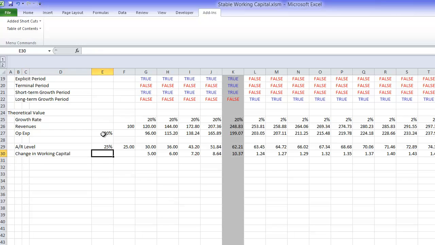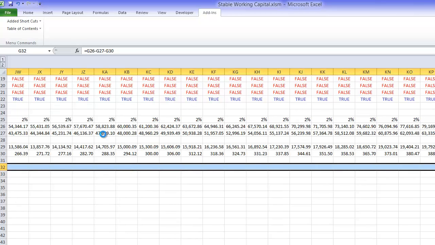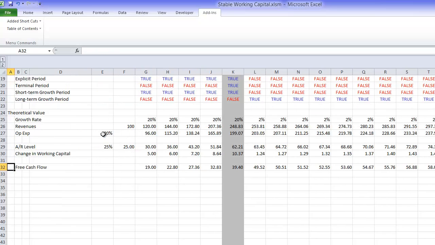Notice what happened: the change in working capital went way up, and then it comes down really fast. So free cash flow is simply the revenues minus the expenses minus the change in working capital. That's how much cash flow we get to put into our pocket.